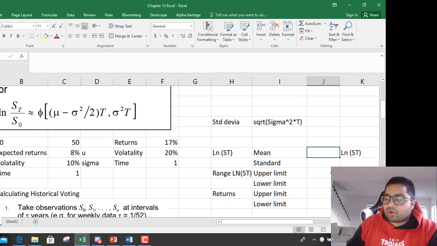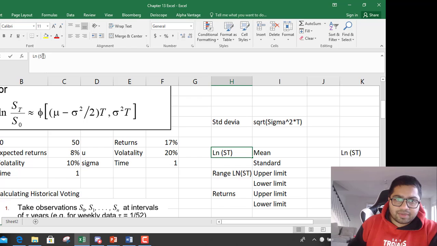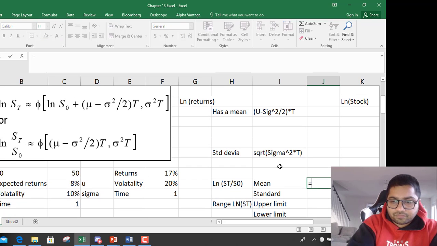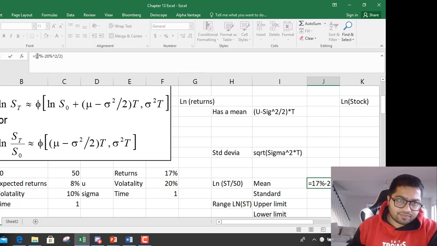So first, how do you find out mean? Log normal returns mean. Instead of ST, it is ST by S0 because we are looking at returns. So mean is given by mu, mu is 17%, minus sigma squared, sigma is 20%, divided by 2, and whole bracket times time.